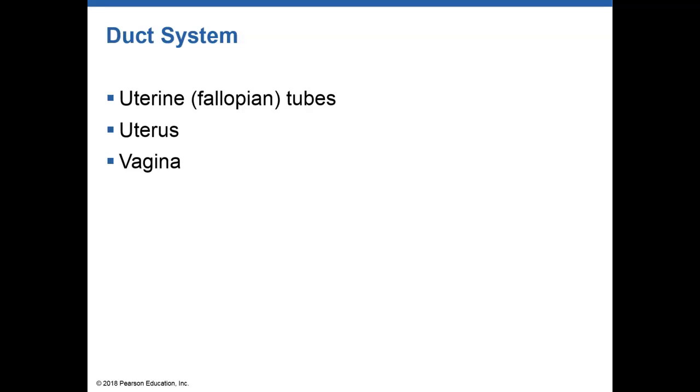It actually is an opening, but when the egg is released, if the fallopian tubes aren't functioning properly, it could potentially fall to the pelvic floor, and then it would degenerate because it couldn't get fertilized there. Then we have the uterus, where the growing embryo and fetus develop, and then the vaginal canal or birth canal.